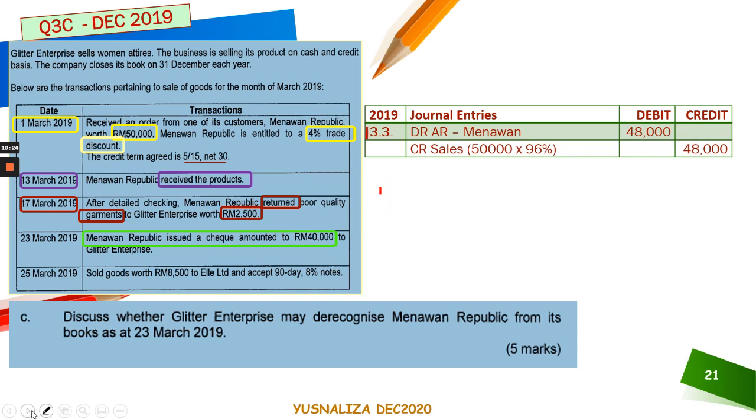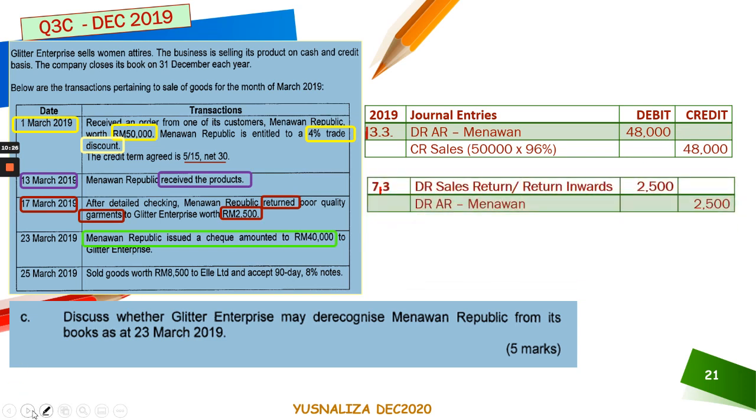Next, there was some return inwards, not on 7th of March, actually on 17th of March. My column was rather small, so I just wrote it here. On 17th of March, debit sales return, credit, so this should be credit here. Let me correct this.